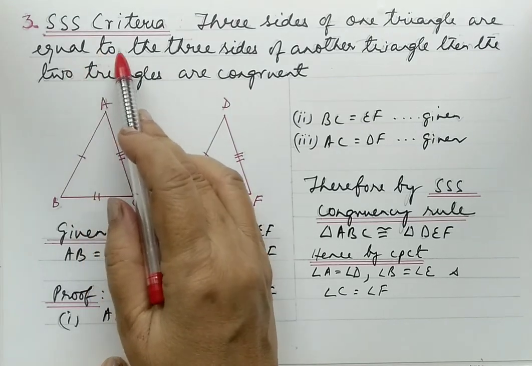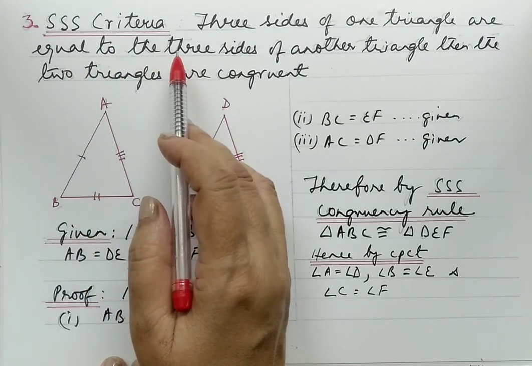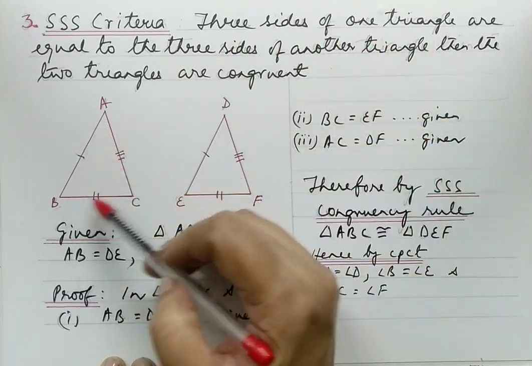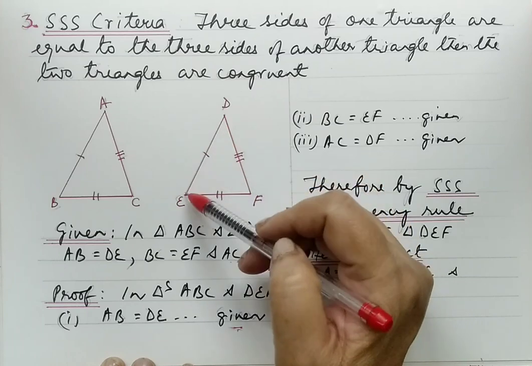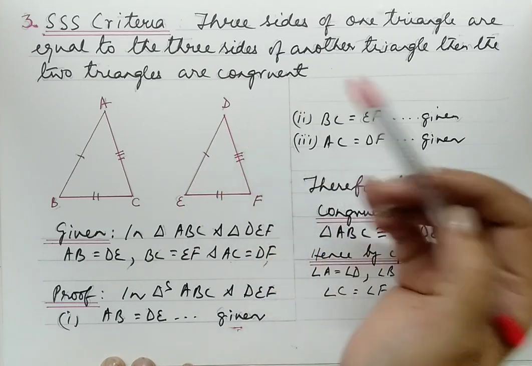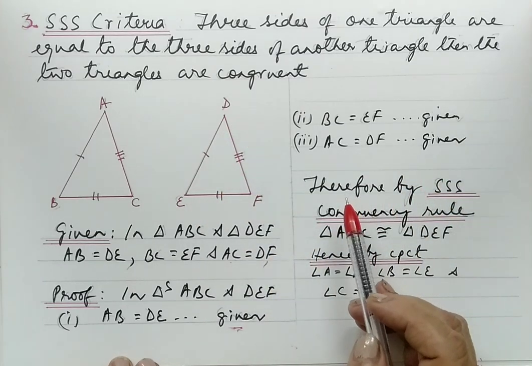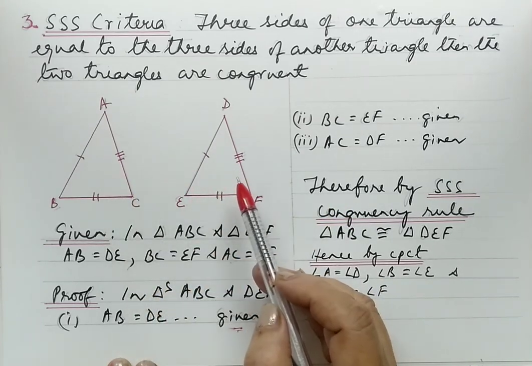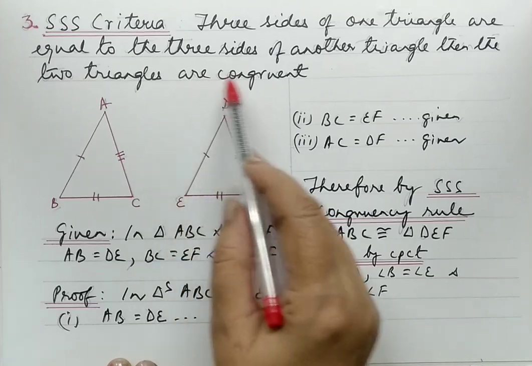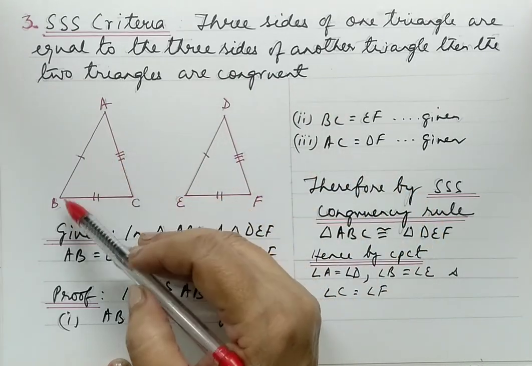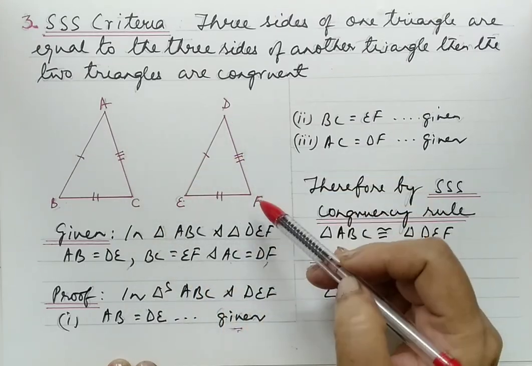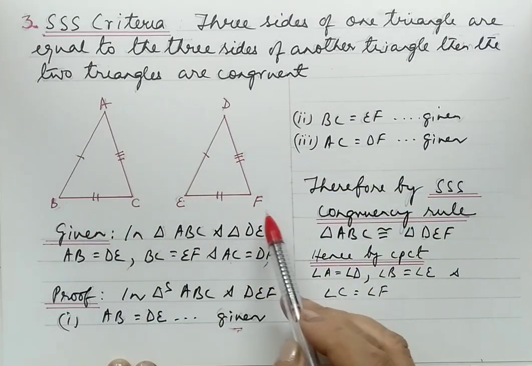The third one is the easiest of all the four. The three sides of one triangle match with the three sides of another. So this is eligible for being congruent to each other. So all these sides, say AB equals to DE, AC equals to DF, and BC equals to EF.